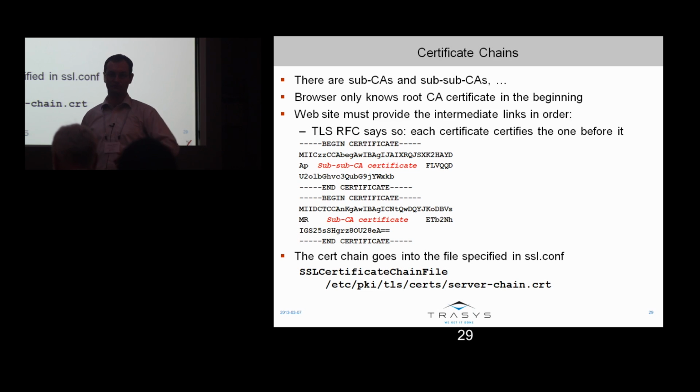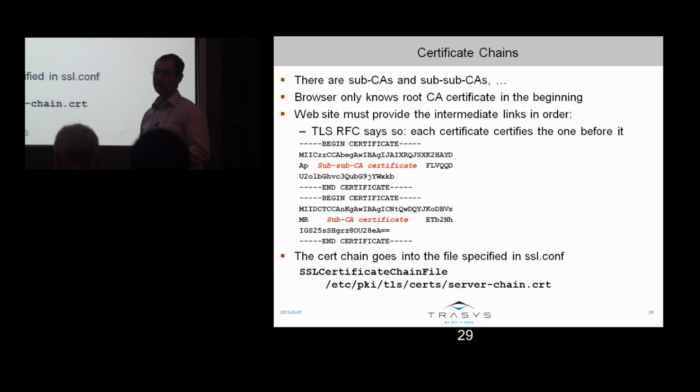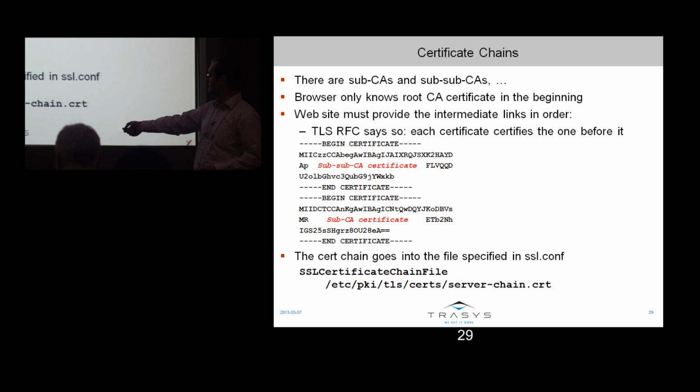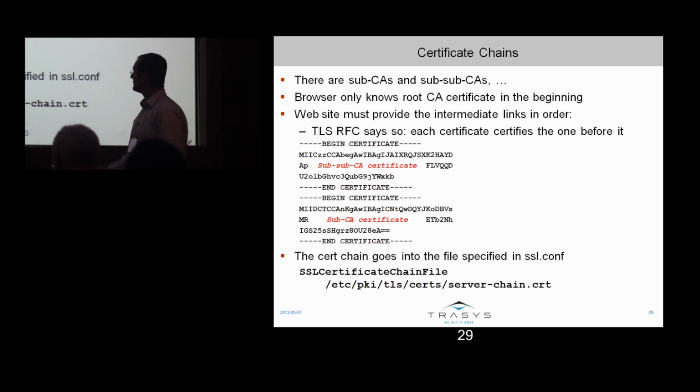So during the TLS protocol, you have to be able to provide the whole chain. In the case of Apache and mod-SSL, that means that you put the intermediate CAs, the sub-CAs, the sub-sub-CA certificate and the sub-CA certificate, you concatenate them in this format, and you put them in the file that is referenced by this directive, SSLCertificateChainFile in the SSL.conf configuration file. When you've done that, you are okay even for these multi-link chains of certificates.